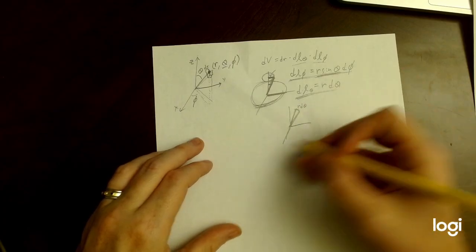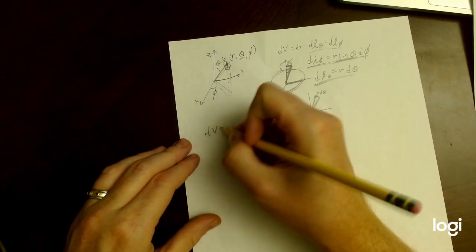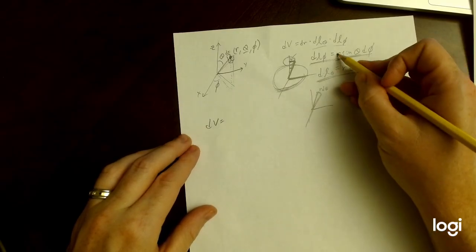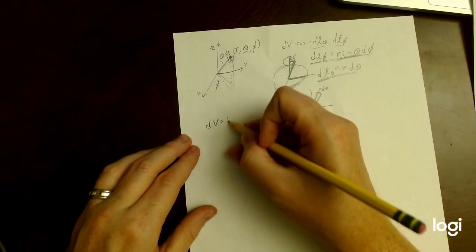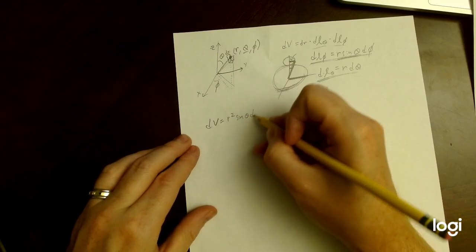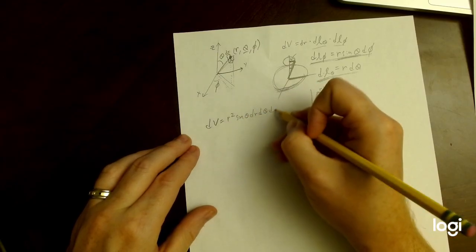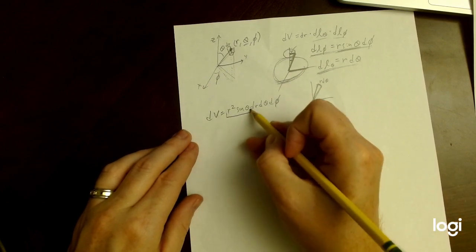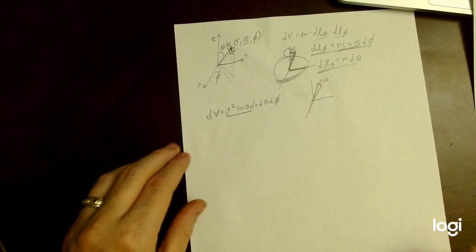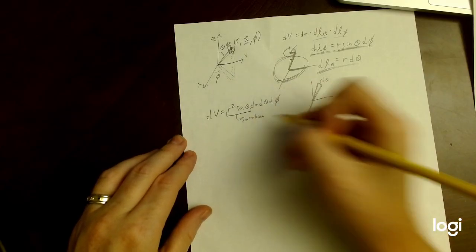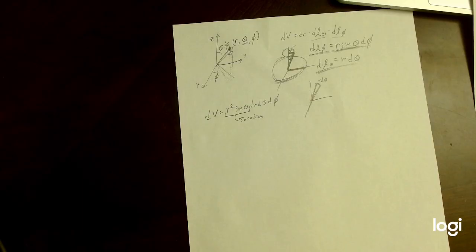So all in all, this tells us that our volume element is r times r sine theta, so r squared sine theta, and then we'll have our dr d theta d phi. And so here our Jacobian in spherical coordinates is r squared sine theta.